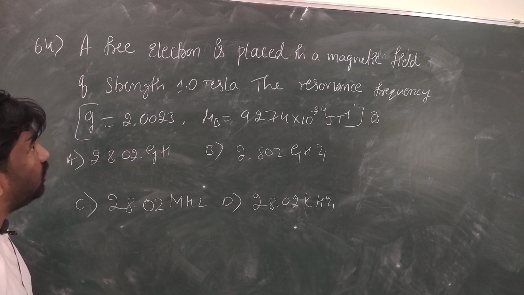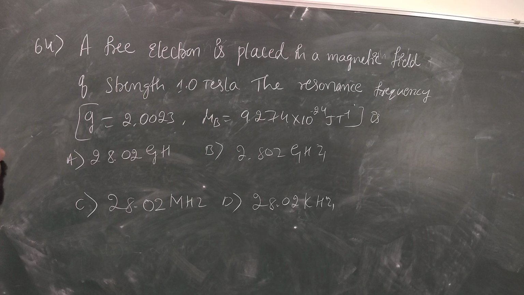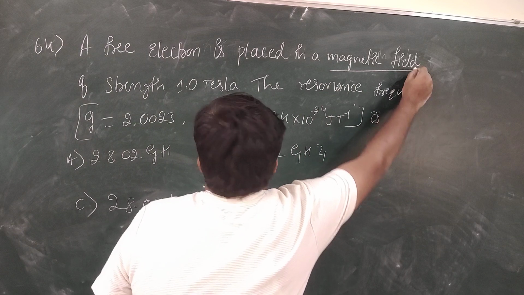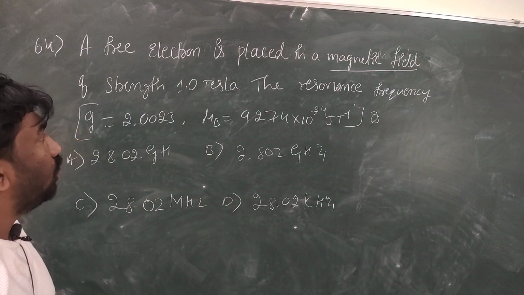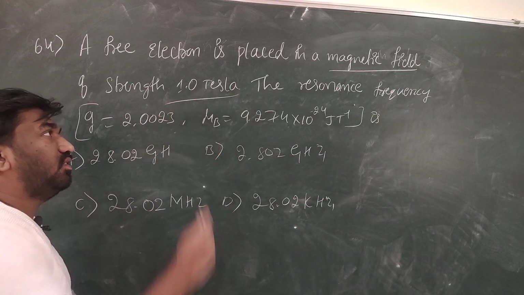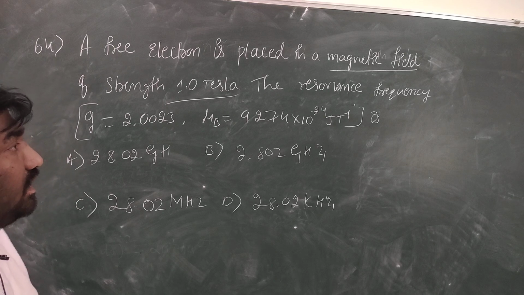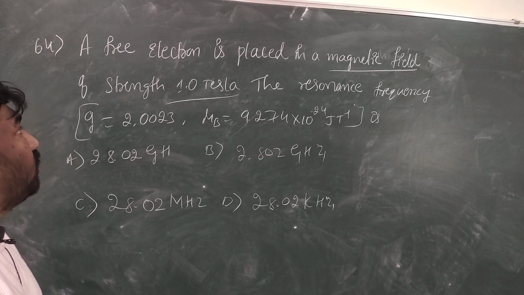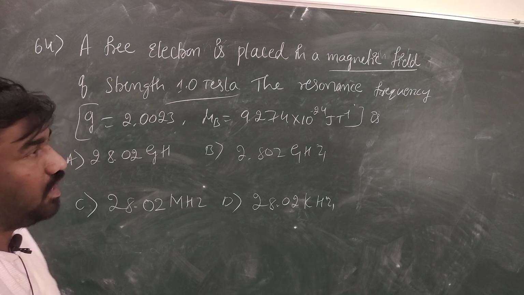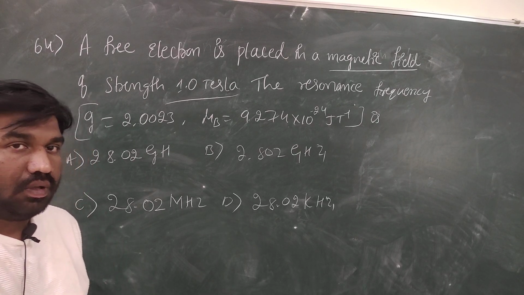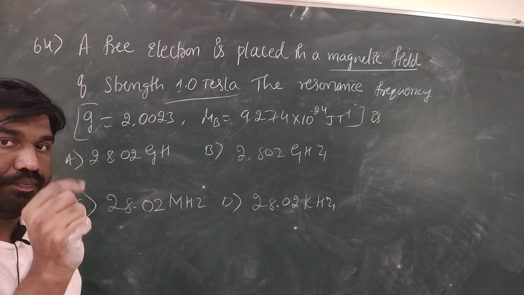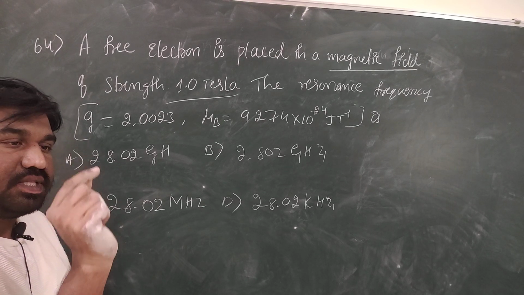So this is question number 64. A free electron is placed in a magnetic field of strength 1 Tesla. What is the resonance frequency? We know that when an electron is placed in a uniform magnetic field, it starts rotating, and we have to calculate this frequency of rotation.